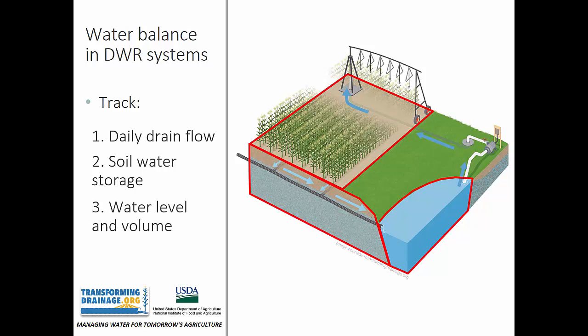And last, we use information from components 1 and 2 to help track a daily water level and volume within the on-farm water storage. Now, in this analysis, daily drain flow was measured and served as an input, so the next few slides will focus on components 2 and 3.